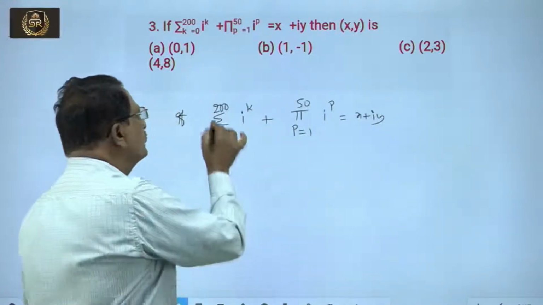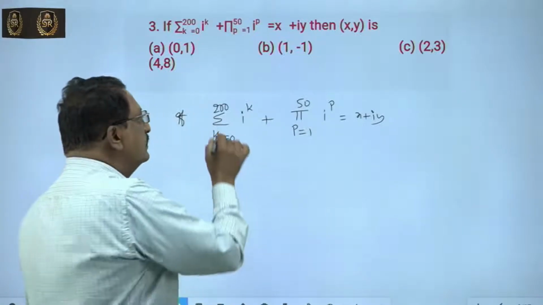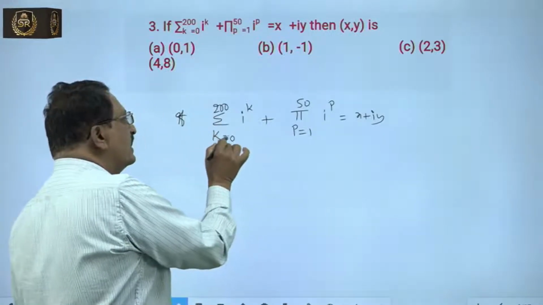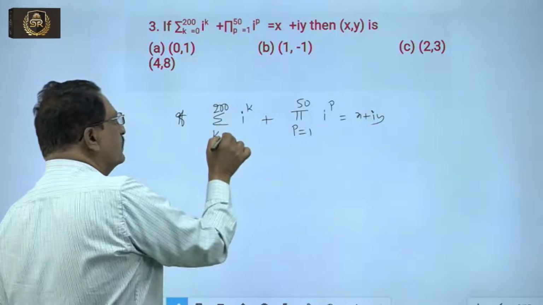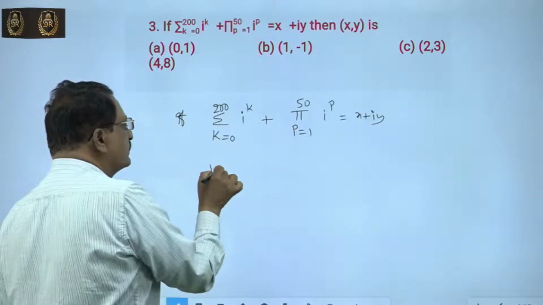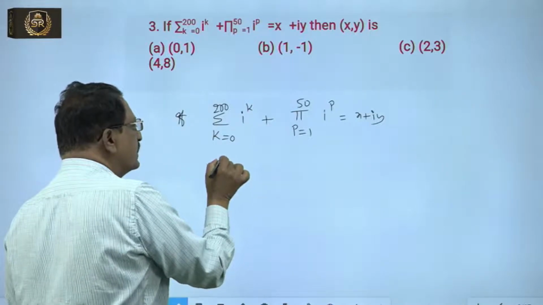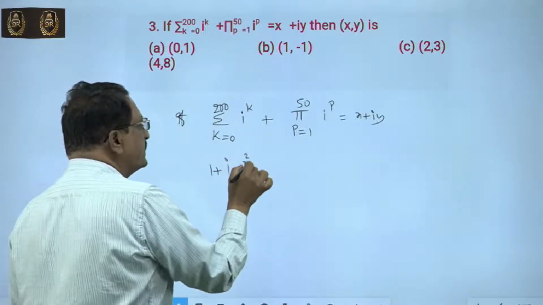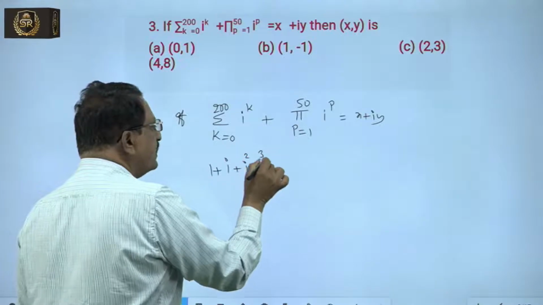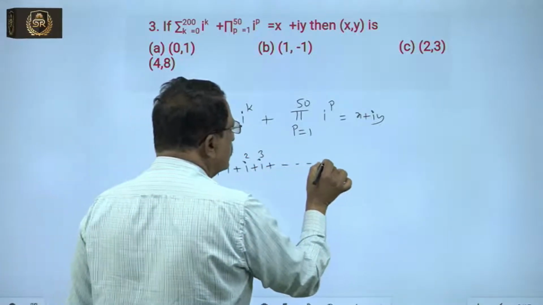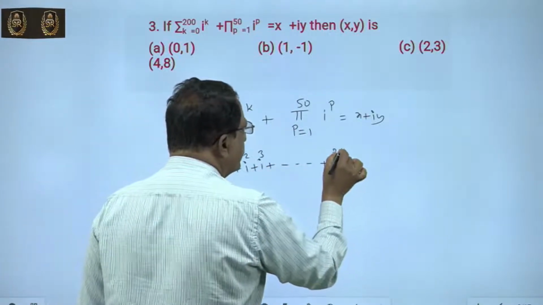Here sigma is nothing but summation. For k equals 0 to 200: k equals 0, substitute, 1, since i power 0 is 1. Next k equals 1, i plus i square plus i cube plus so on up to i to the power of 200.